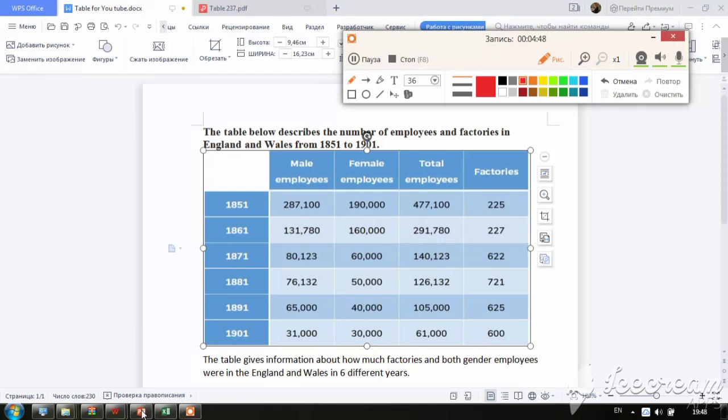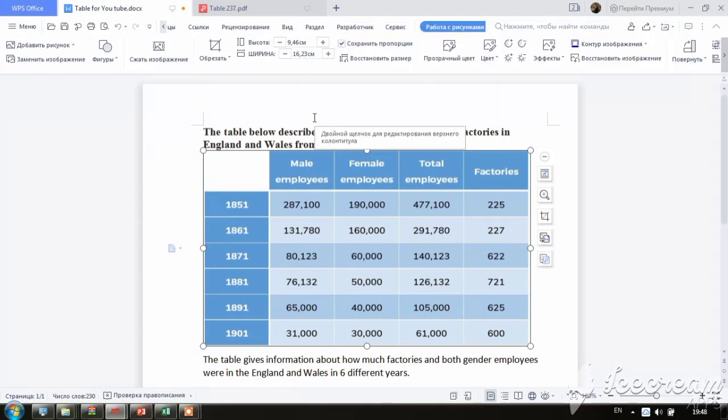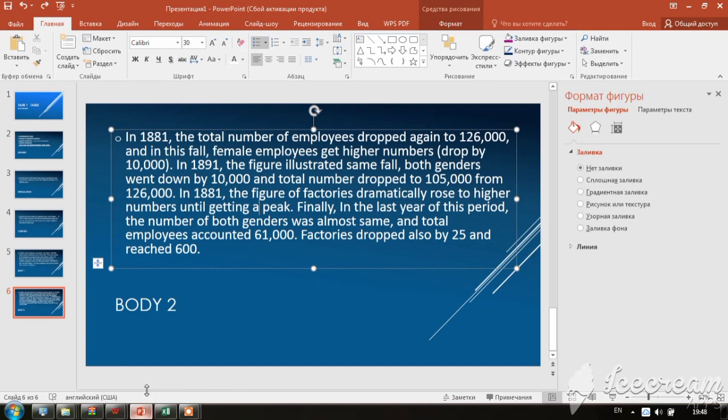After that, the number of factories dropped to 125.